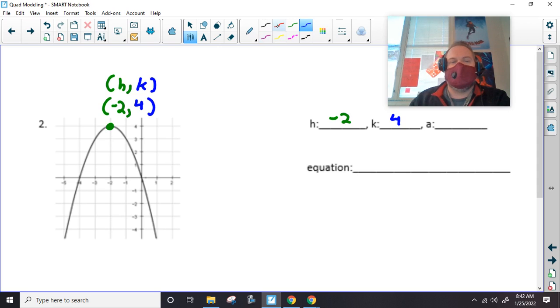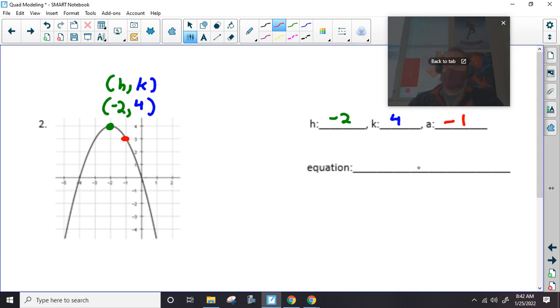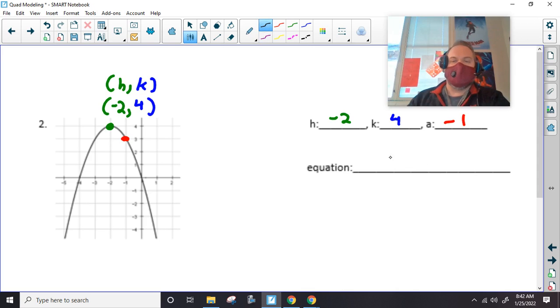Now, the next point where this crosses on that little grid is right here at 3. How did I go from 4 to 3? -1. There's our A. Because our points kind of move like slope. So if you're like, oh, you went over 1, down 1, the slope is -1, that's your A.